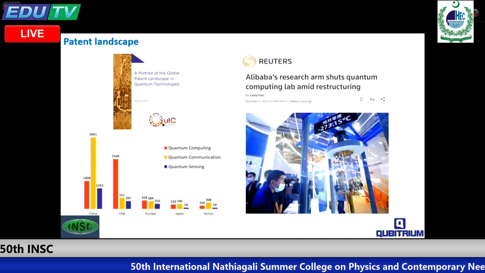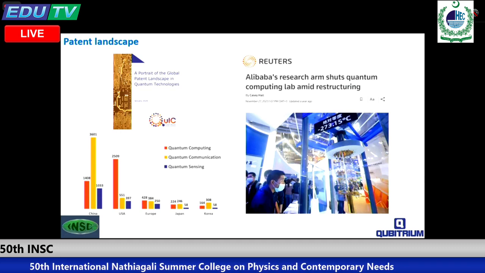And if you look at this, this is China, this is US, this is Europe. And the red one is quantum computing, yellow one is quantum communication. So China has 3,000 plus patents, and US has 500 plus. So that's 7 times. And if you look at quantum computing, it's the inverse case.